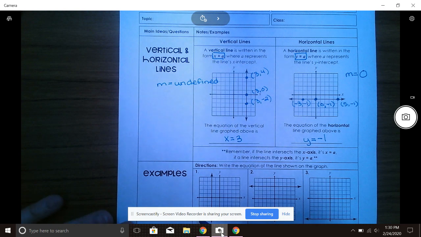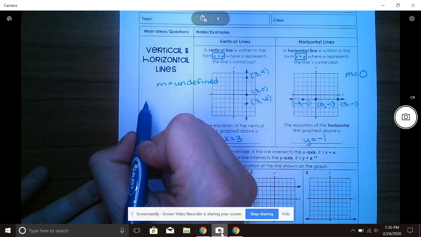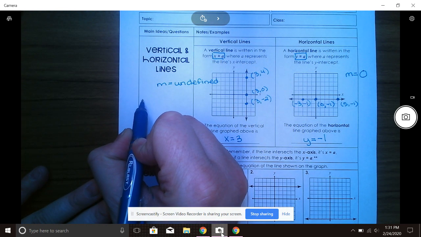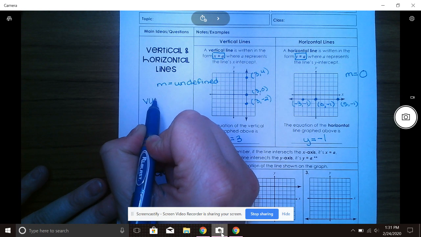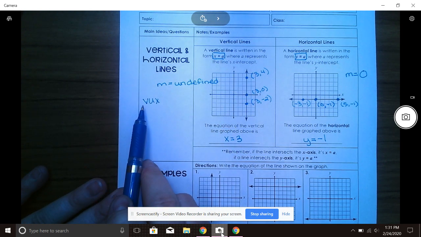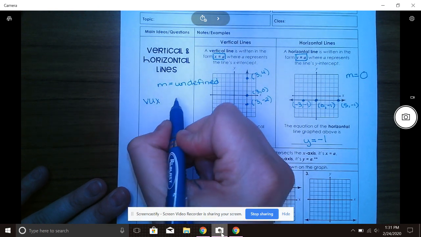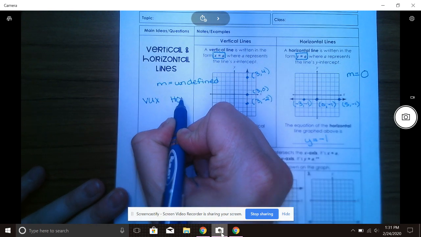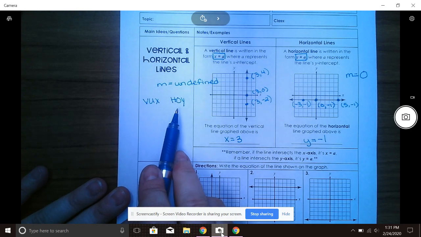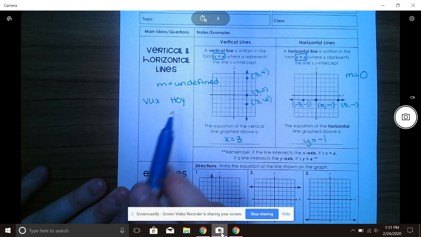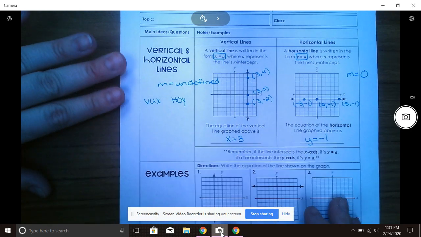So a lot of times people remember this with these silly little acronyms, VUX, meaning vertical lines have undefined slope and x equals equations, and HOY. Horizontal lines have 0 slope and y equals equations. Let me write that out.